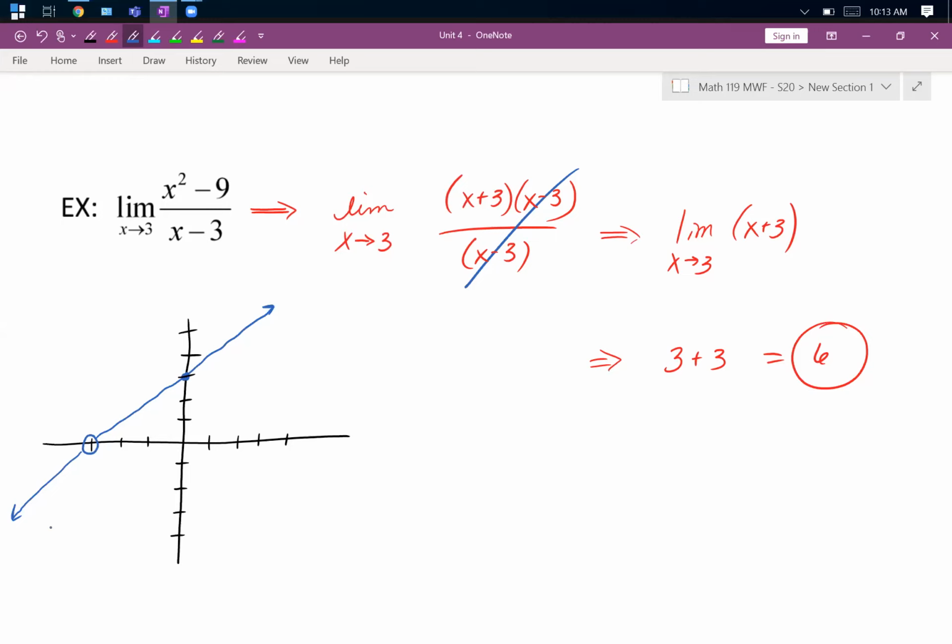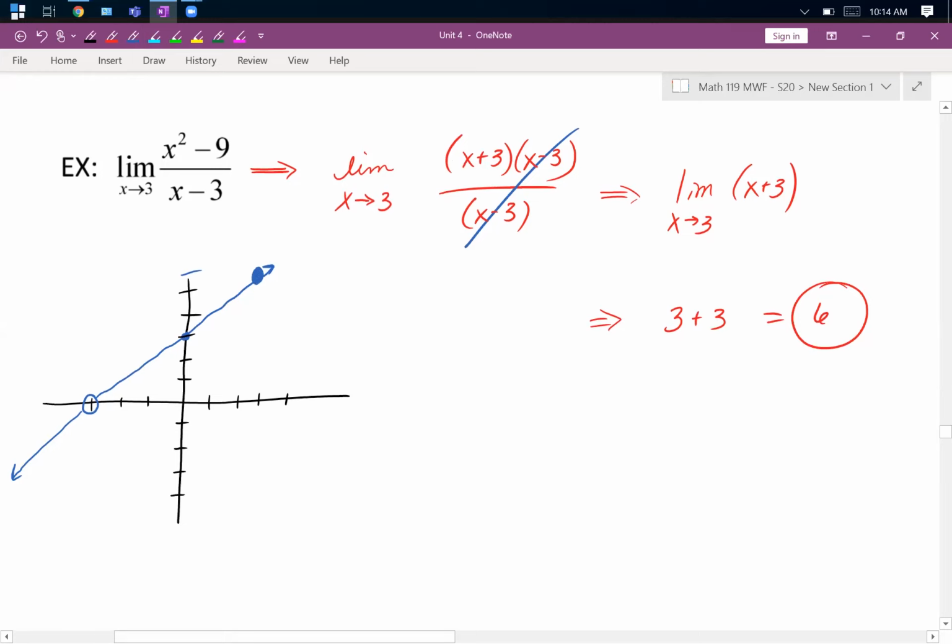So that's why we can just simplify it so that our problem, the 0 in the denominator, is gone, and then use our limit laws from there. And as we look at the graph here, clearly the limit as x approaches 3, way out here, is 6. Questions at all?